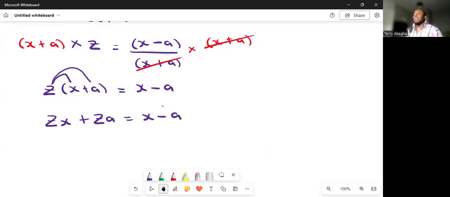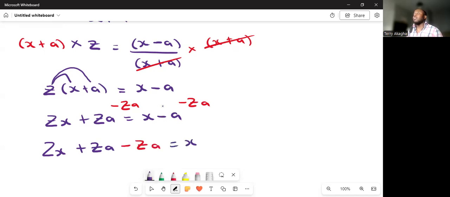All right. Then I'm going to get all the x together. First thing first, I'm going to remove the za, or I'm going to remove the x from the right-hand side. Depending which one you want to do first, let's just remove the za first. So we'll subtract za from both sides. Then it's going to give us zx plus za minus za is going to be equal to x minus a minus za.